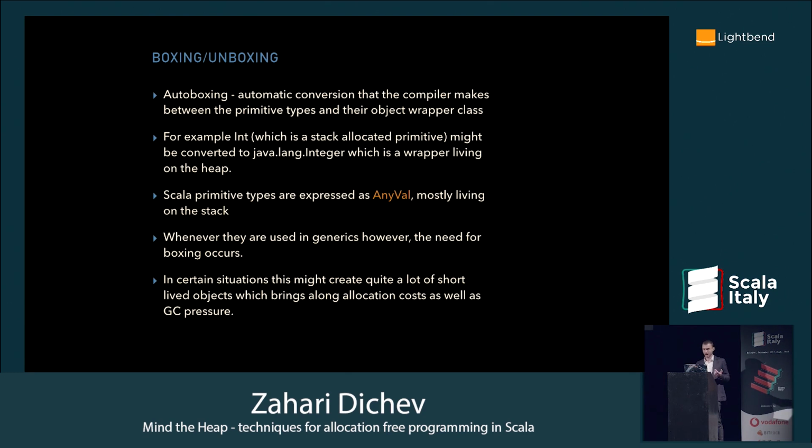Autoboxing is an automatic conversion done by the compiler to convert a primitive value to its corresponding wrapper. For example, an int can get converted to java.lang.Integer, which is the wrapper living on the heap, right?